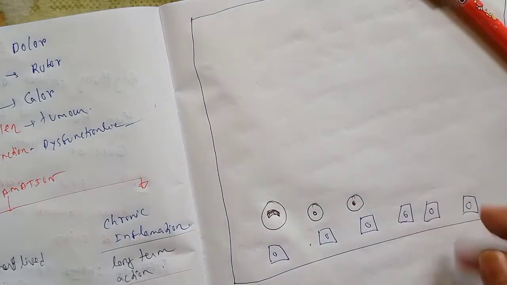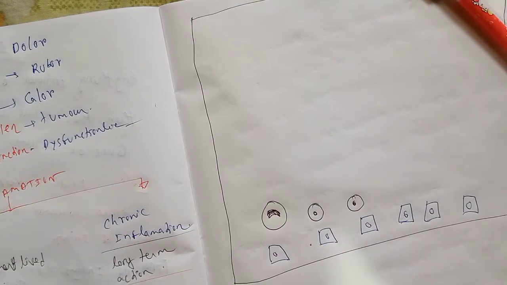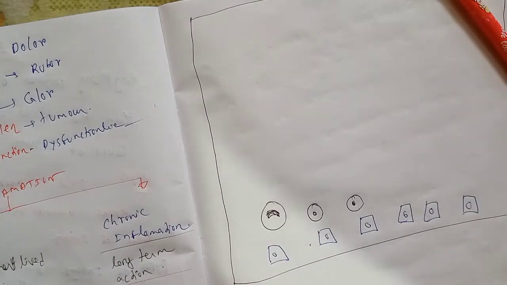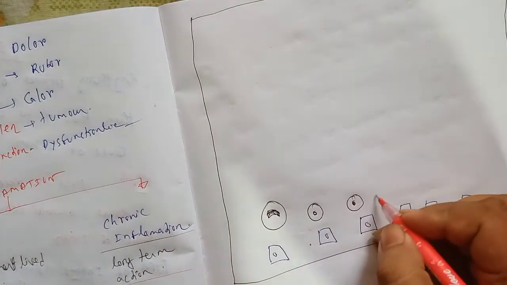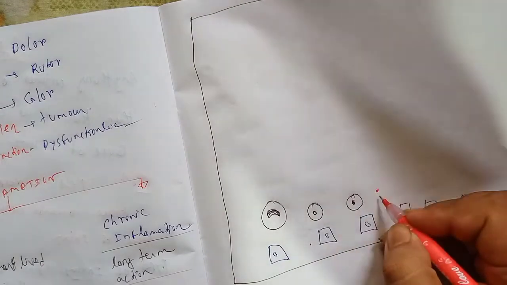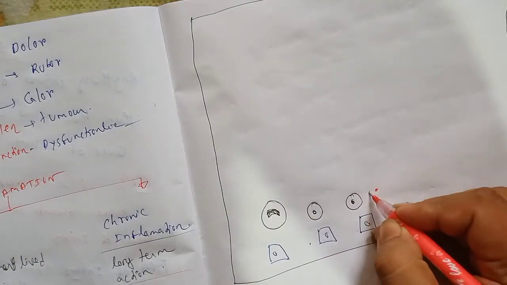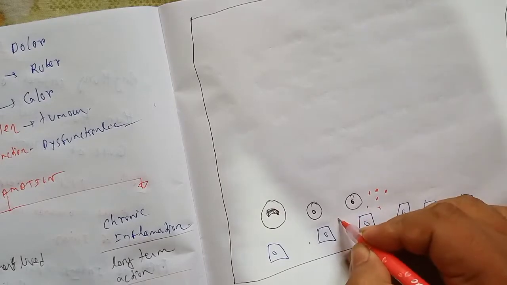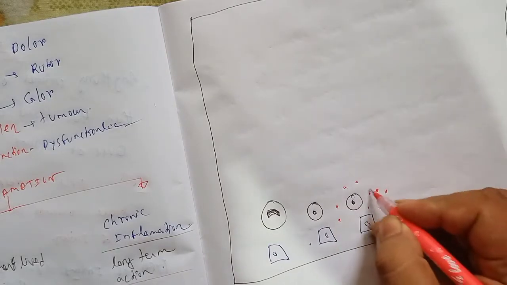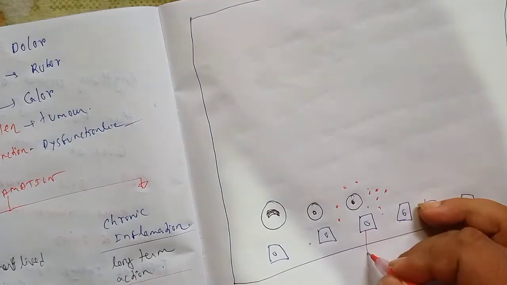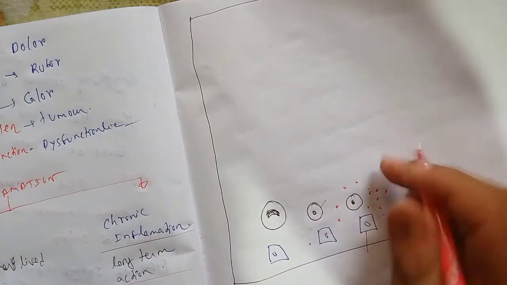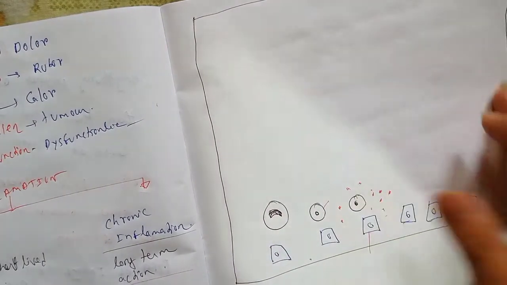Stromal cells. Now, guys, suppose I get a bacterial infection. These pathogens are coming here and invading our tissues. These are the parenchymal cells and these are your stromal cells. Stromal cells are the cells which support the main cells.